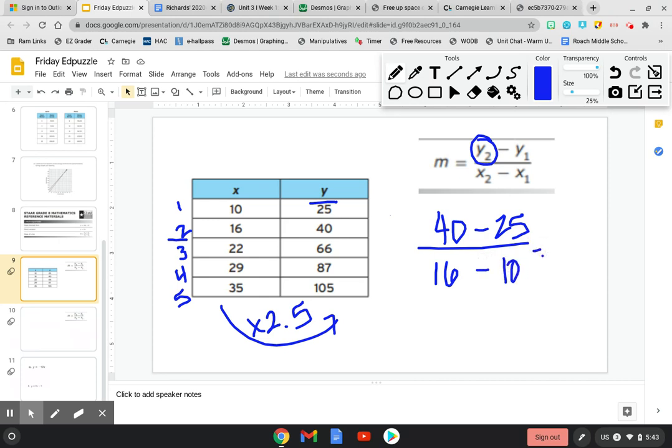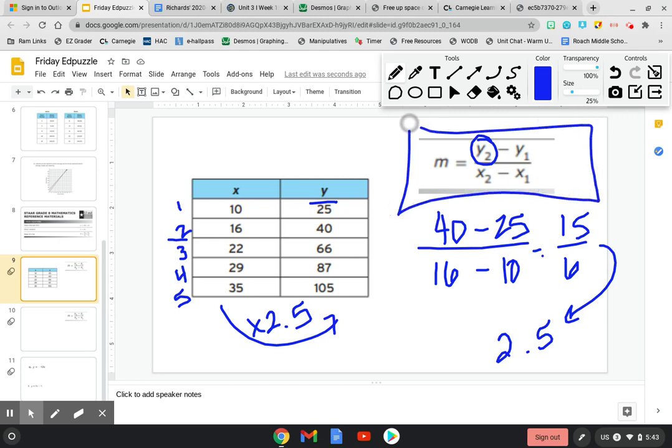And when you actually do the problem, 15 over 6, put it in the Desmos calculator, and you would get 2.5. No matter which way you do this, you would get the same answer. So it's just a different way to do this. This way is specifically used for problems that are not proportional. So let's go ahead and take a look at that.